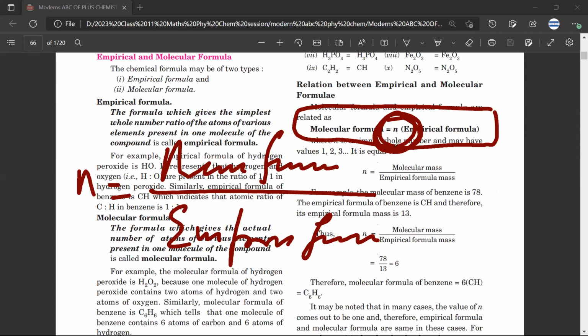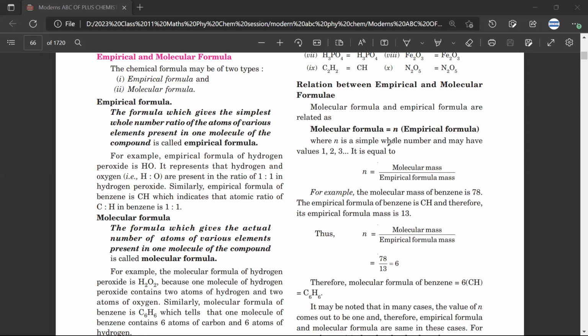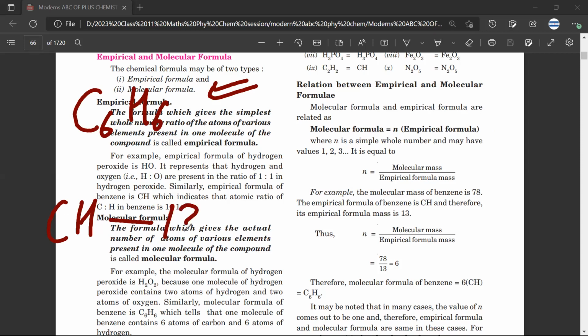So in the textbook also they have taken this beautiful example of benzene. So C6H6, this is the molecular formula. CH is the empirical formula. The molar mass as per the empirical formula is 12 plus 1, 13. The molar mass as per the molecular formula is 72 plus 6, 78. Is it making sense?